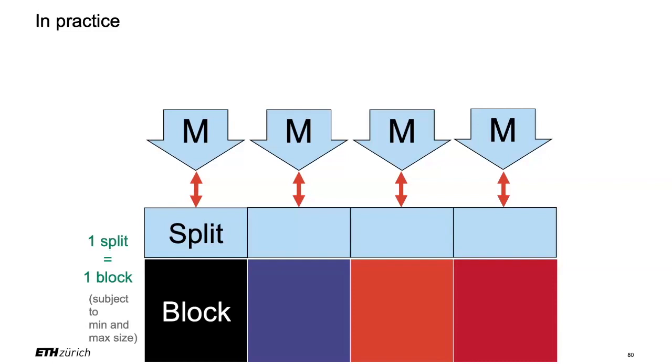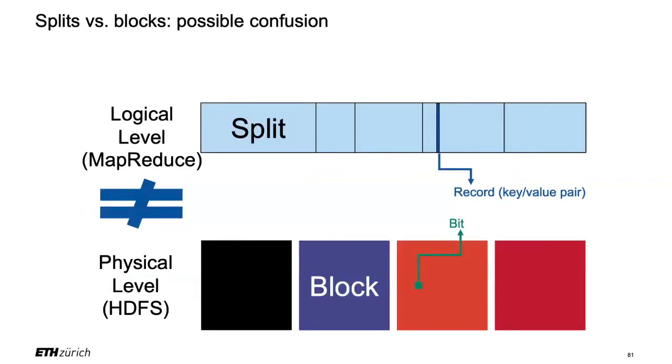The probability that it's exactly coinciding with the end of the block is very infinitesimal. So we have here a mismatch between the splits that work in terms of records, where you partition the collection of records, and HDFS that partitions bits, collections of bits. Who sees that now? Okay.